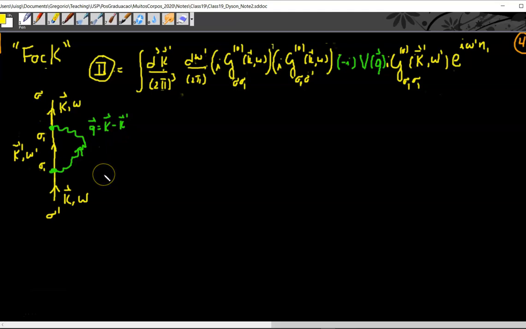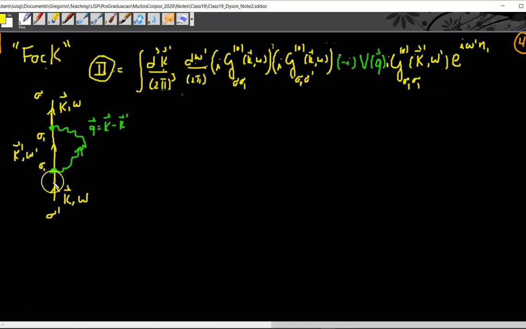The other point where I'll take a little bit more care is about the internal indices of states. In this case, there will be spin, since we're talking about the electron gas, where k is a good quantum number. But remember, for every interaction vertex, we have indices coming in and going out. So these two indices are the same, sigma 1.